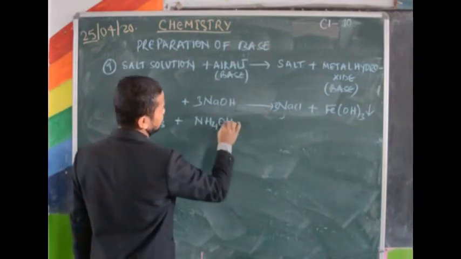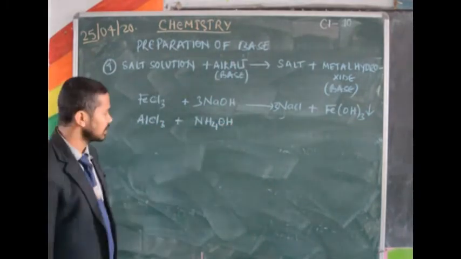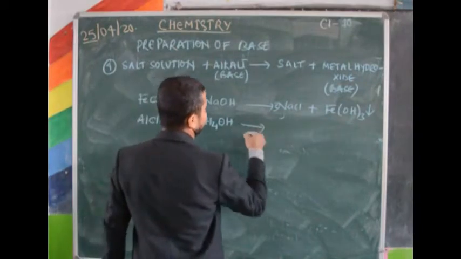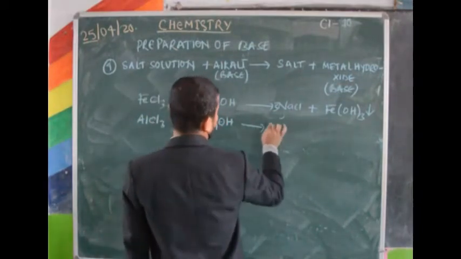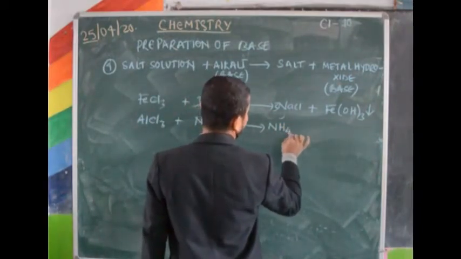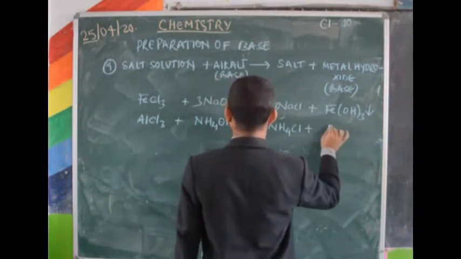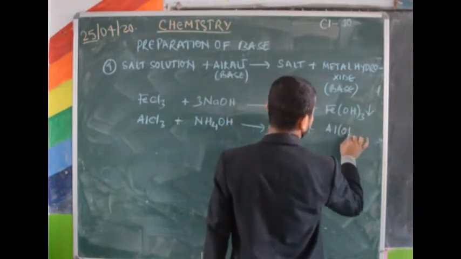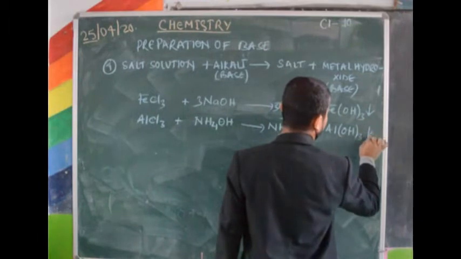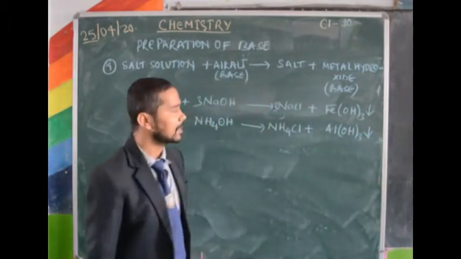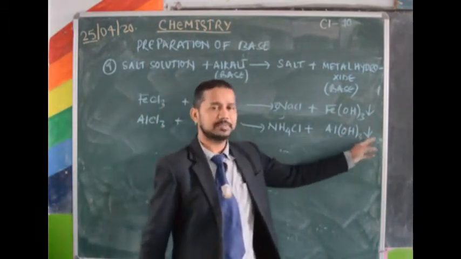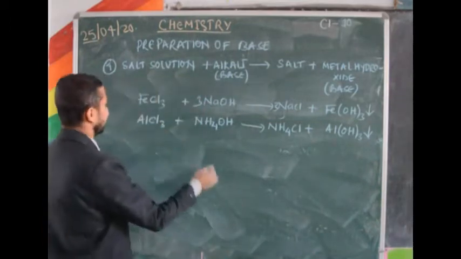Now aluminium chloride plus ammonium hydroxide, which is also alkali or a base, reacts to give ammonium chloride plus aluminium hydroxide, which is also insoluble in water, so it precipitates as a solid.